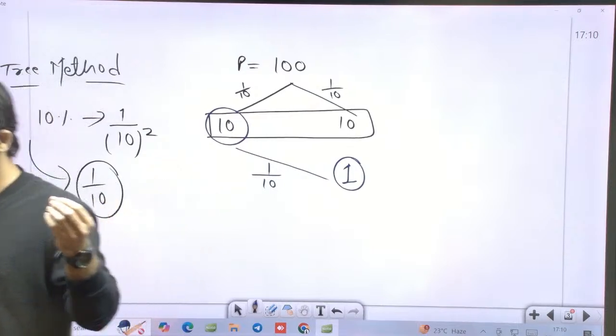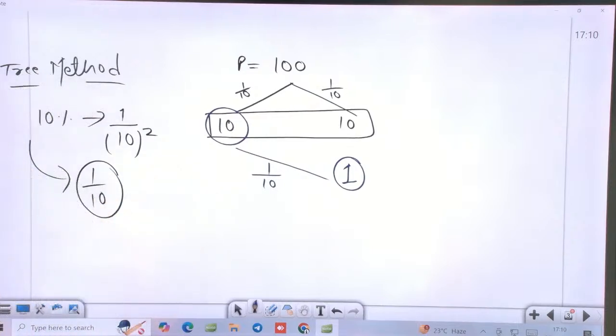Don't get confused. You have to learn. There is no option. Write it, please. After making 2 or 3 trees, you will make it fast. Don't worry.